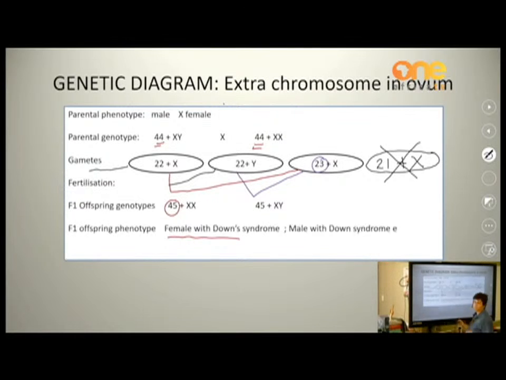So at chromosome 21, we see there is an extra chromosome in the ovum. And that is more often the case, that there are more chromosomes in the ovum than in the sperm. The age of the mother can cause the chance to have Down syndrome to increase.